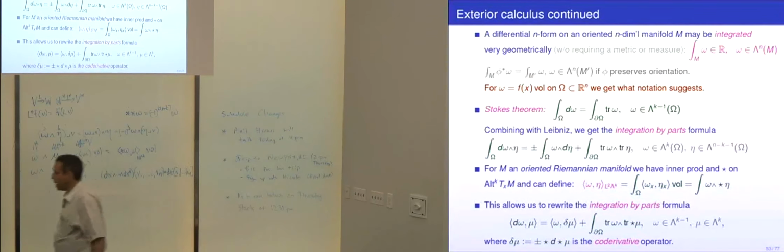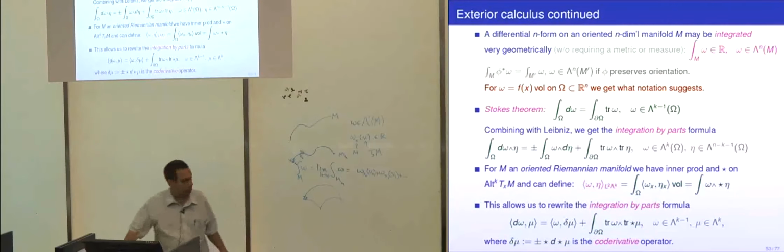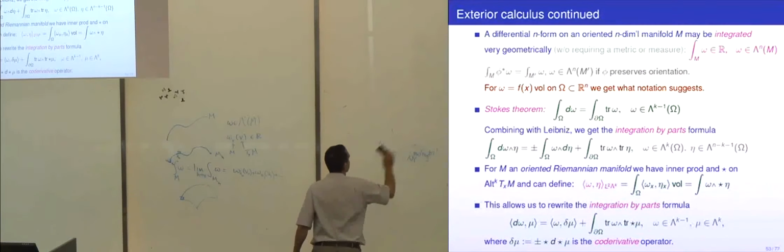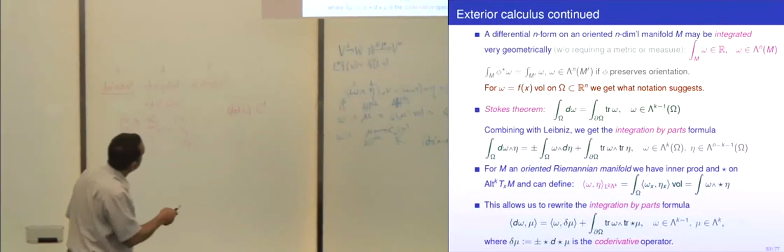Now that all works on any manifold. If we have a metric on our manifold, so it's a Riemannian manifold, then I can introduce an inner product, and instead of talking about wedges, I can talk about inner products with Hodge stars. And so, okay, here was the formula. There's a little bit more to say here.